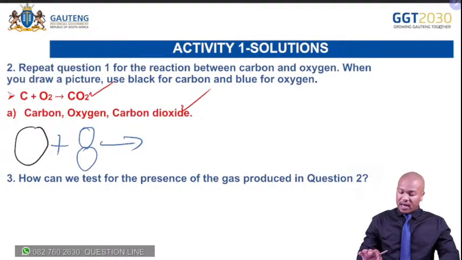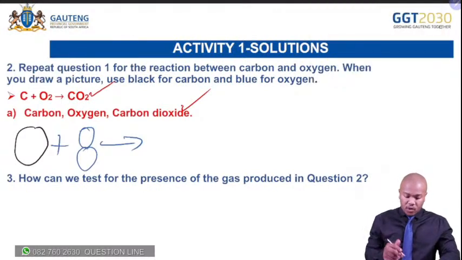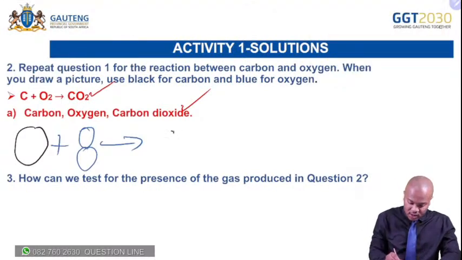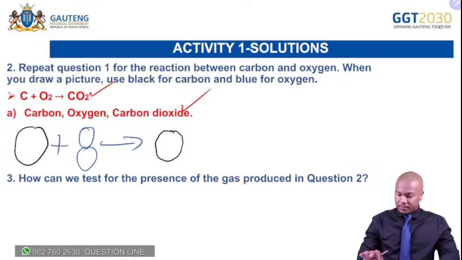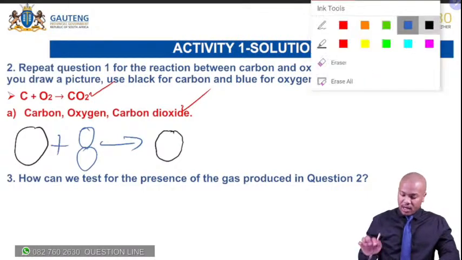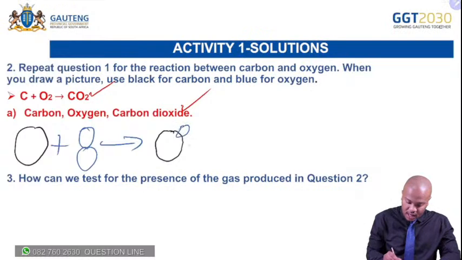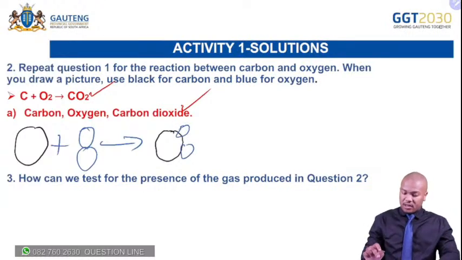We have 1 and 2 oxygens. So you need 1 carbon and 2 oxygens in a blue color. Let's look for a blue color, and they are 1, 2, right? Then you give yourself a tick.